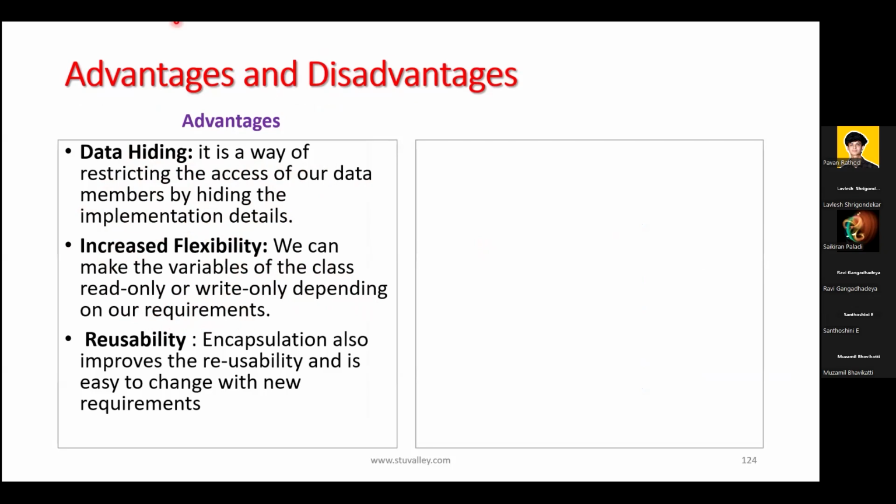Then reusability. Encapsulation improves reusability and it's easy to change with new requirements. Like I added a new name variable, I just need to add one or two methods as per my requirements. These are the advantages of encapsulation: data hiding, increased flexibility, reusability.